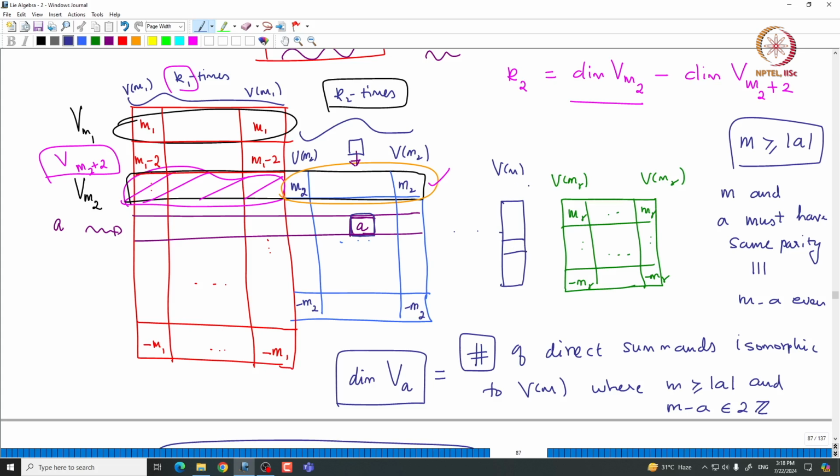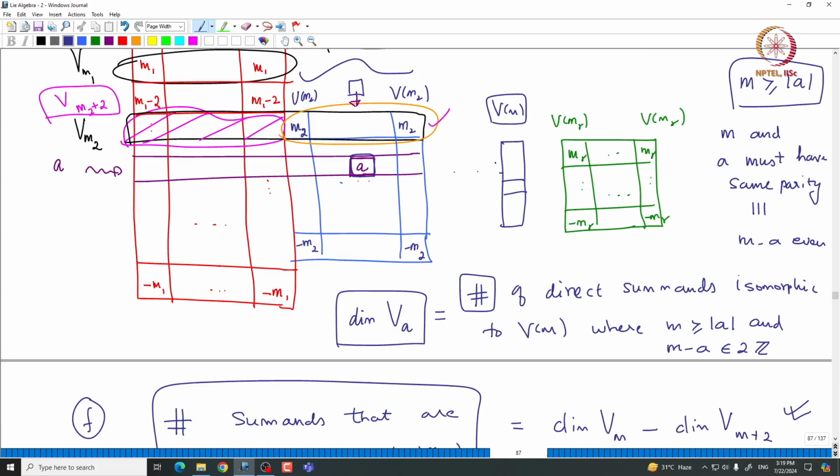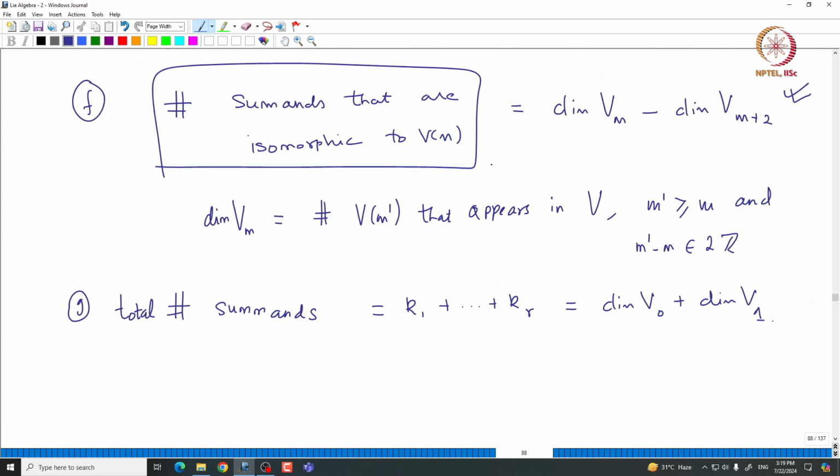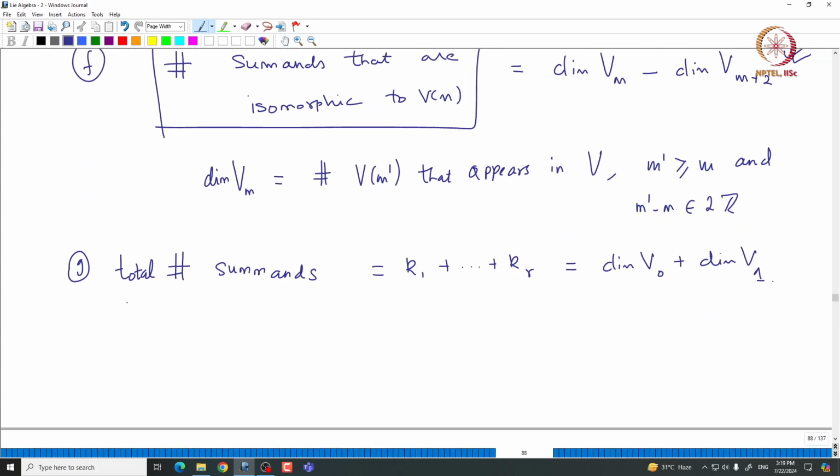So, that is going to contribute to capital V. If m is odd, then there is a one dimensional weight space corresponding to the weight 1, that is going to contribute to the weight space of capital V which corresponds to 1. So, each summand Vm contributes to either the 0th weight space or the 1st weight space, because they are mutually disjoint. So, their sum is going to give you exactly the total number of summands that we are interested in.